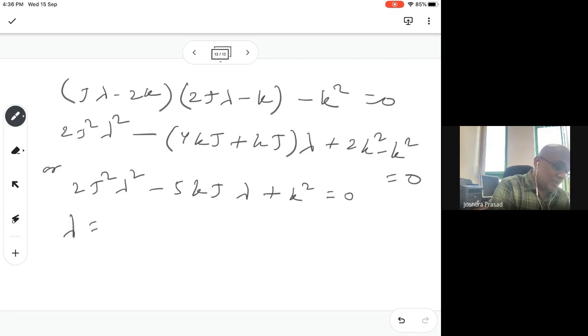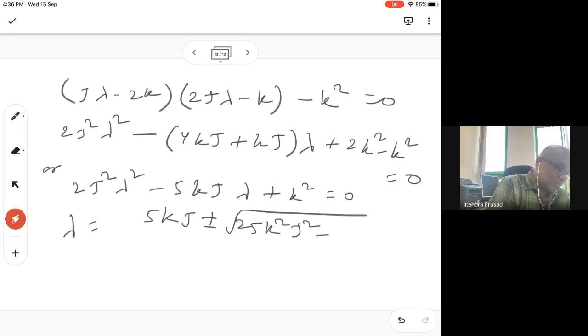Lambda will be equal to minus b, so 5KJ, plus or minus the square root of b squared, so 25 K squared J squared, minus 4ac, so 4 times 2, so minus 8, then J squared, K squared, so K squared J squared, right?